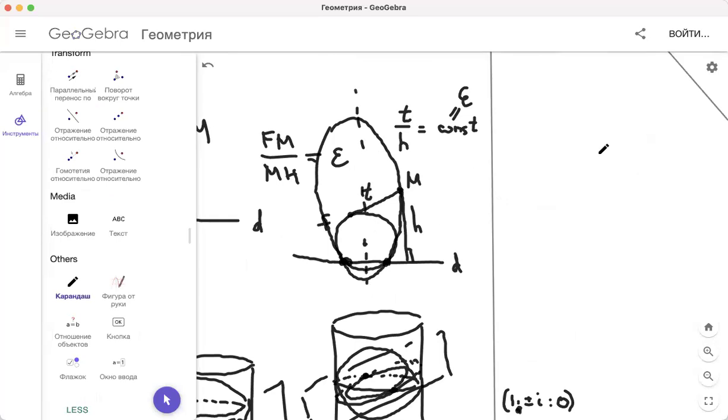But for a circle from another family, as you remember, I said that we have two families of circles doubly tangent to the given ellipse. Yes.